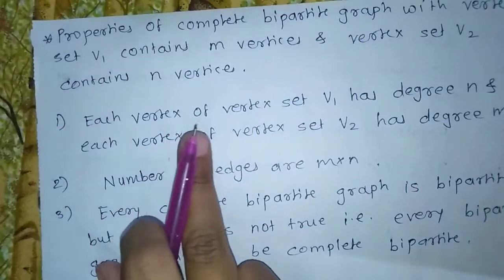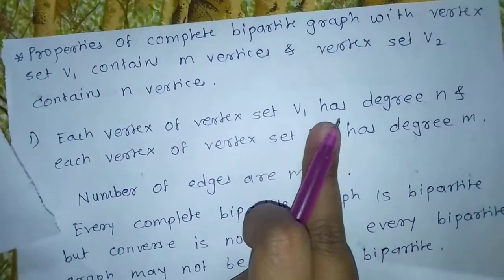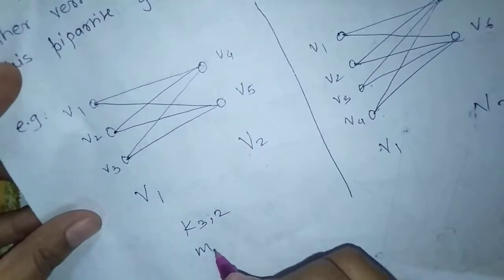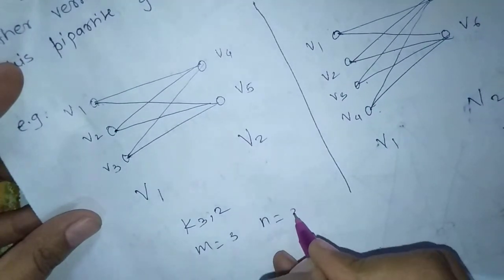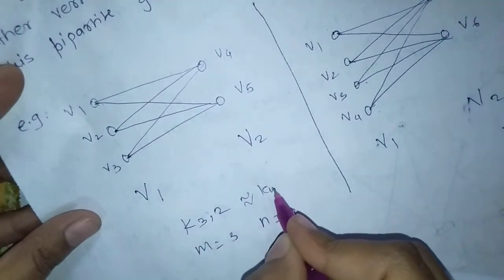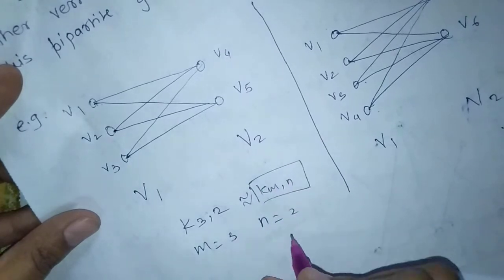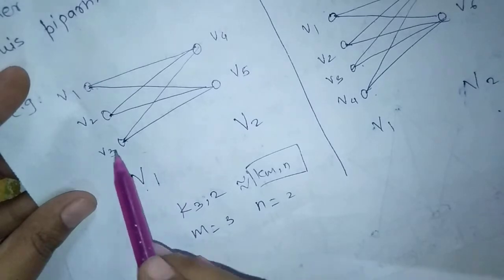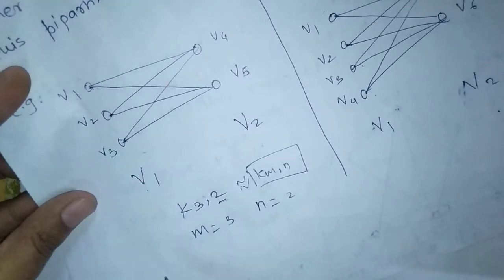Each vertex of vertex set V1 has degree n. Here m is equal to 3, n is equal to 2. So each vertex of vertex set V1 has degree 2.